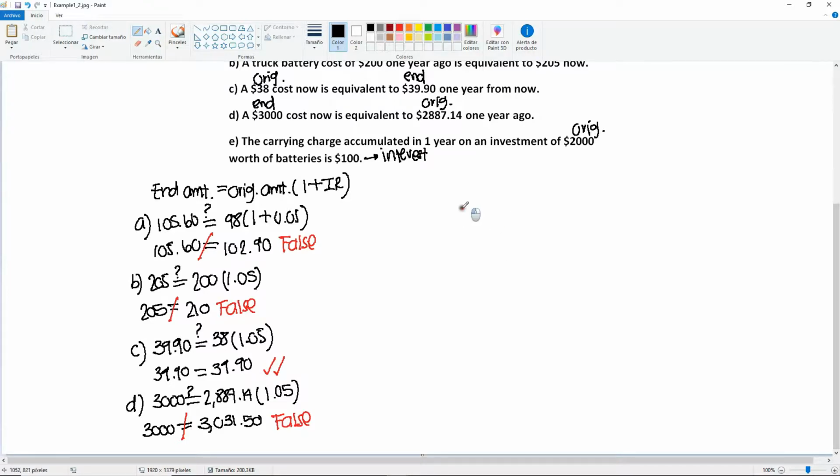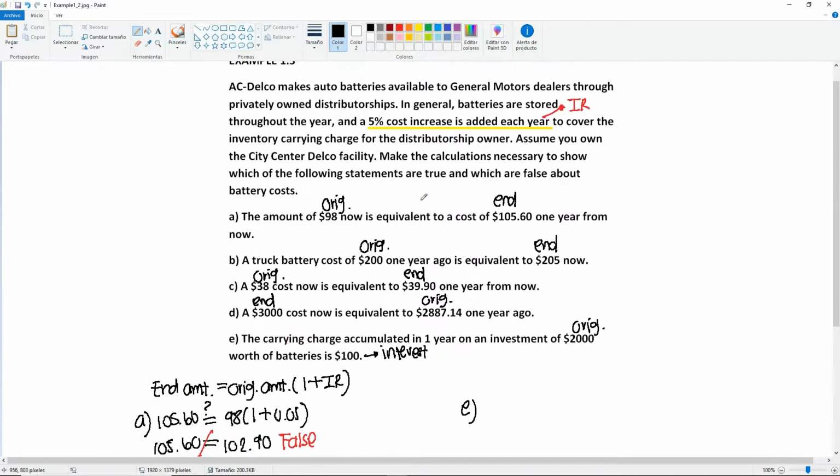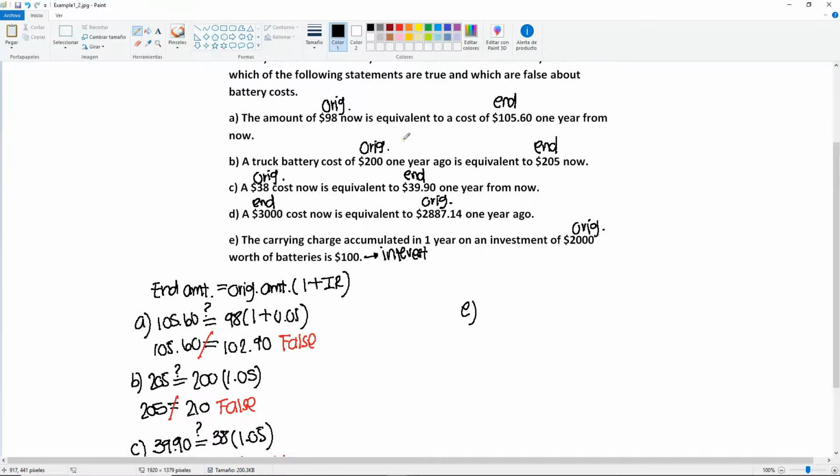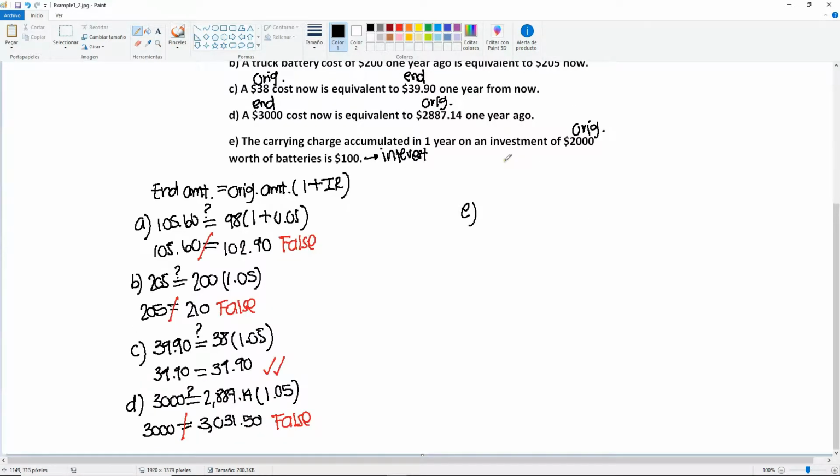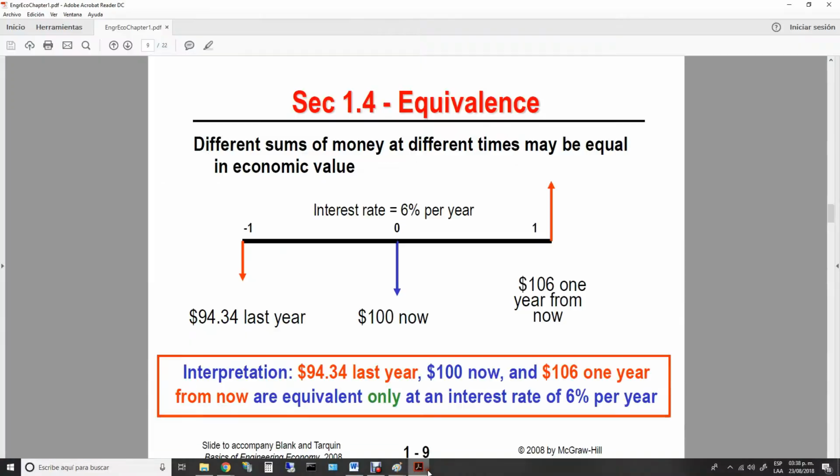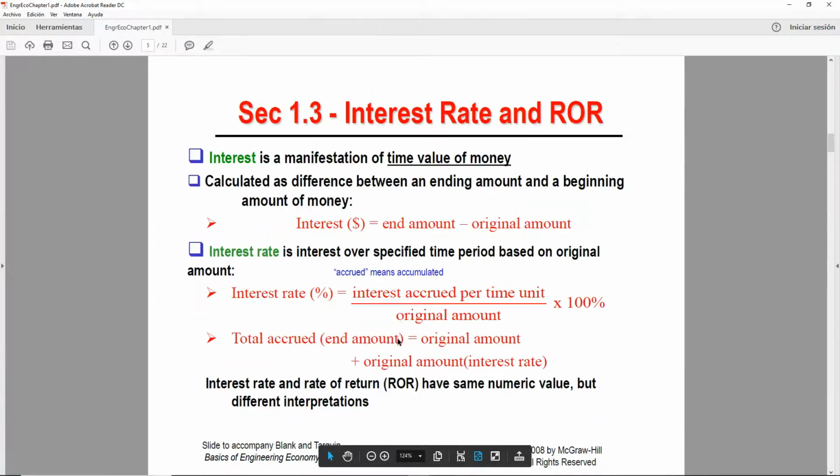Okay, so if you remember from the formulas, what do we have here? We are given at the top the interest rate, which is 5%. We have the original amount and we have the interest accrued. So if we go back to the formulas, we're going to see that this one right here has the interest rate, the interest accumulated, and the original amount.